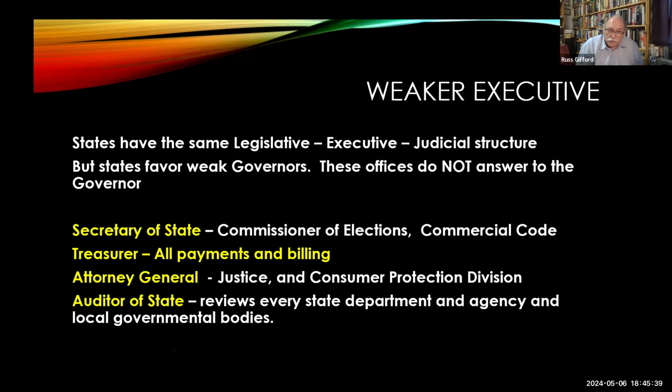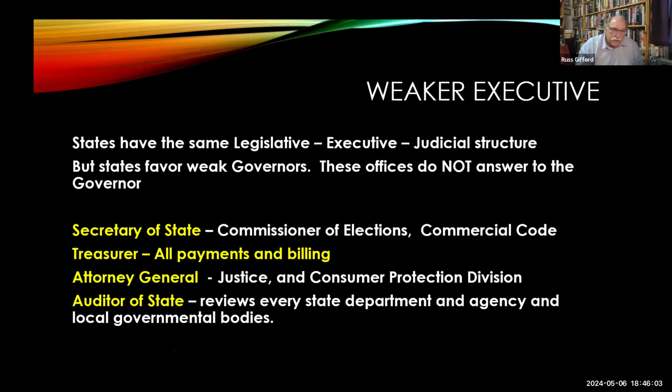Whoever gets the votes, then, the Secretary of State in the state system is not under the power of the governor. And we just saw it in Iowa. The auditor of the state is not under the power of the governor, although clearly the governor in Iowa thinks they should be, and has been trying everything to prevent that.